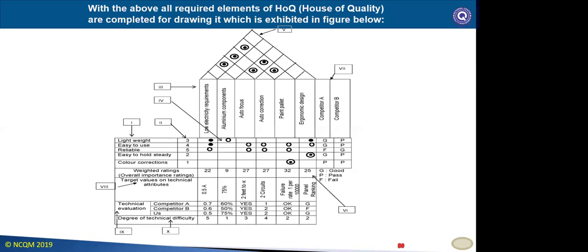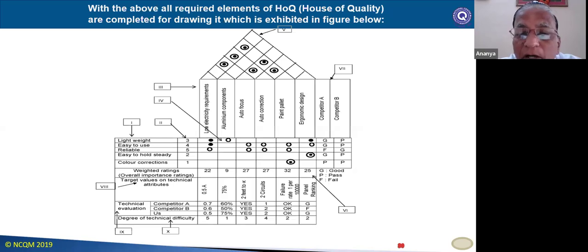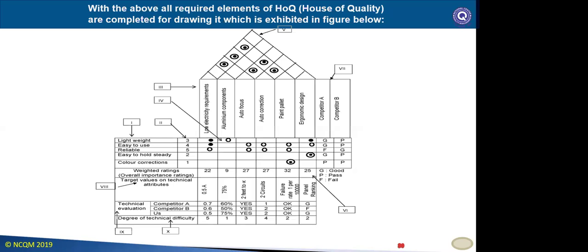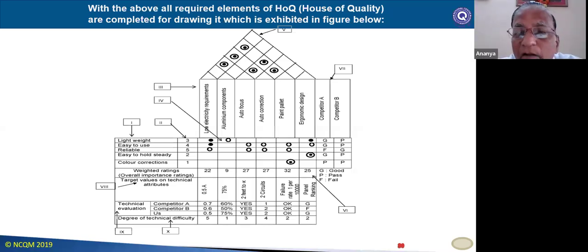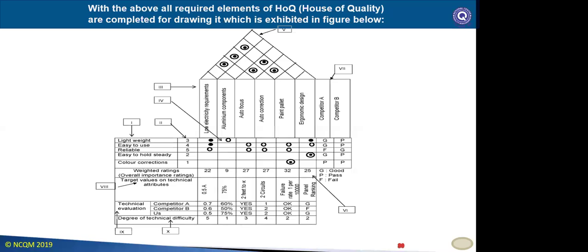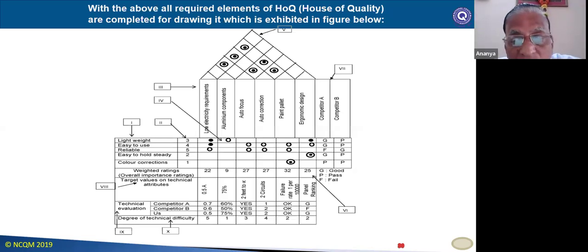But the last one, equipment design, ergonomic design, and lightweight, they are related. A weak relationship is there. So like that, for each one we can identify what the relationship is. Is it weak, medium, strong, or no relationship? Blank means no relationship. So up to this, I think it is clear, right?